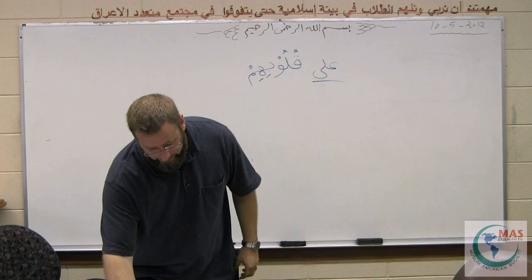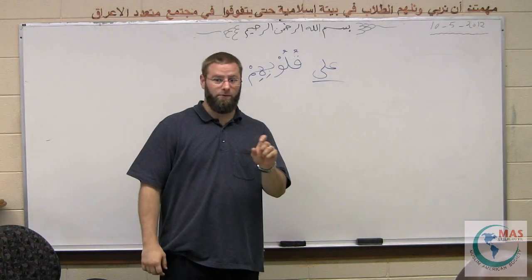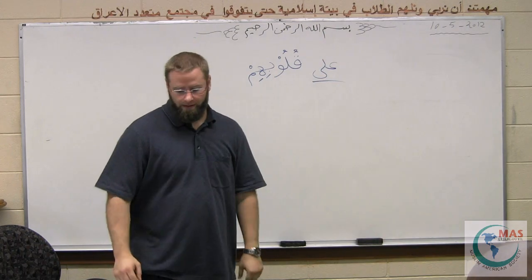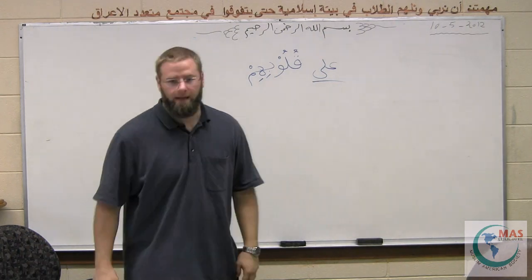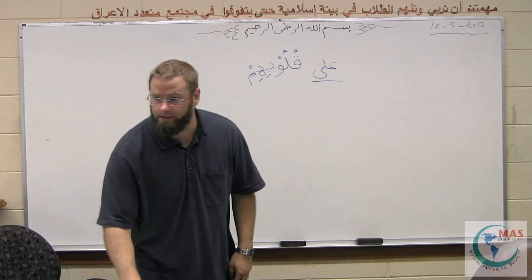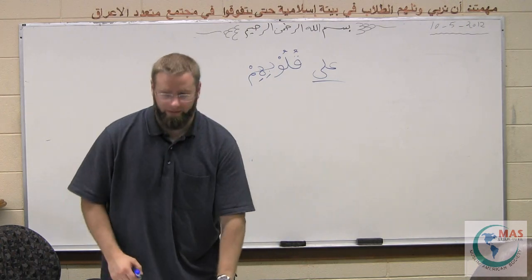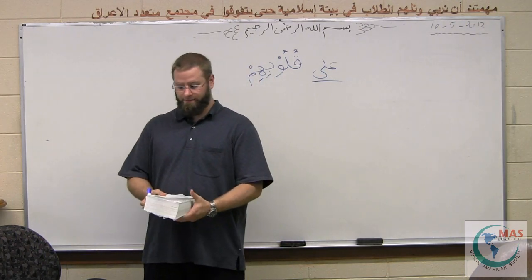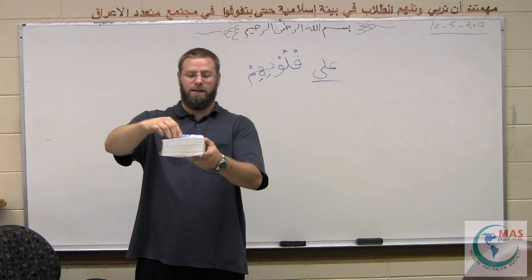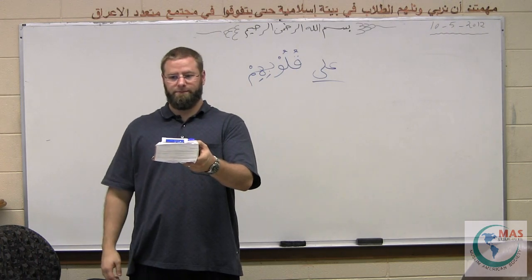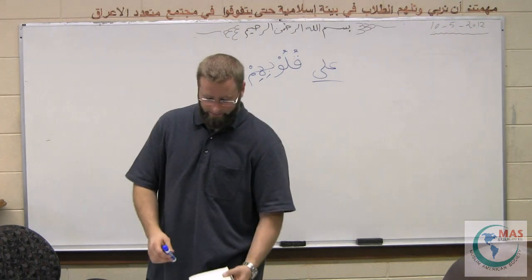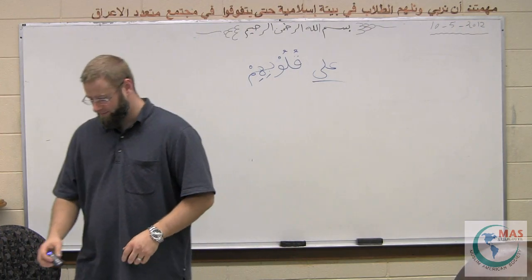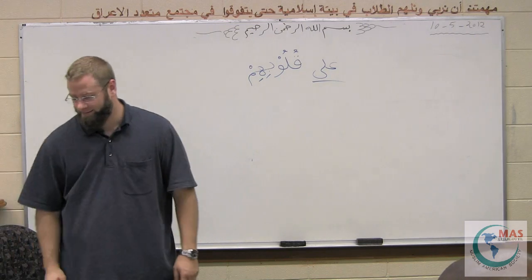Al-qalamu ala al-maktabi. Pay attention to the word maktab. Ala al-maktabi. This is a kasra. The pen is on what? The desk. Table is tawila. Maktab means desk. Al-qalamu ala al-kitabi. Al-jihazu ala al-maktabi.